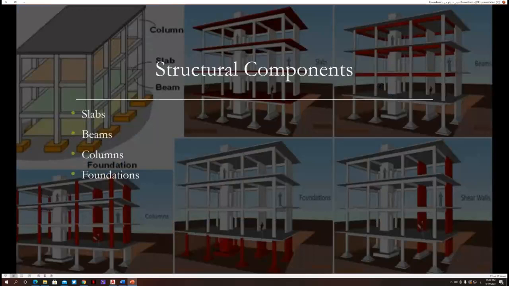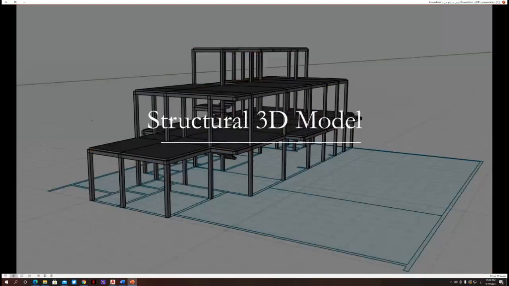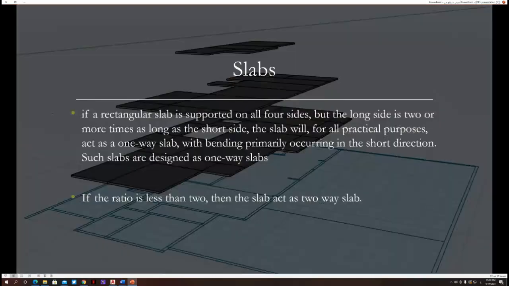Structural components: slabs, beams, columns, and foundations. This is the structural 3D model. The slabs. If the long side is 2 or more times the short side, the slab will be a one-way slab. If not, then it will be a two-way slab.